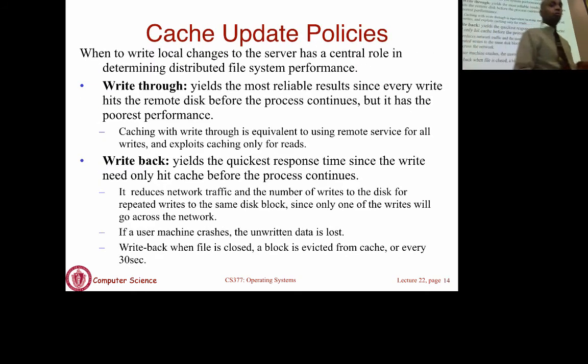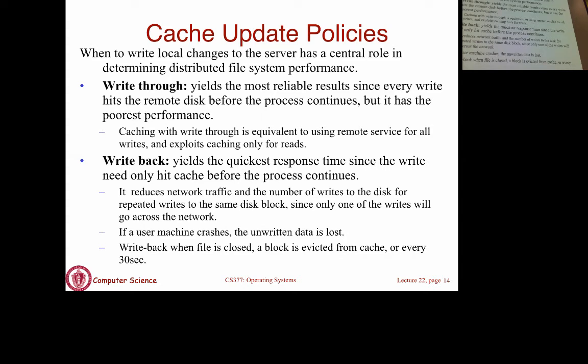Okay. So the other thing that you have when you have caching is this issue of write through and write back, which we had encountered not too long ago. Whenever you have caching, you can have one of two policies. You can have write through caching or write back caching. Okay? Same is true in a file system as well, because this is essentially a cache whenever you're making a copy.